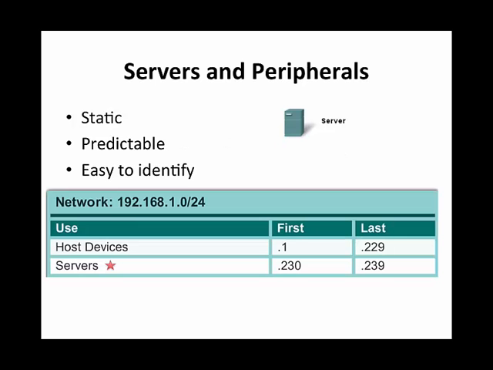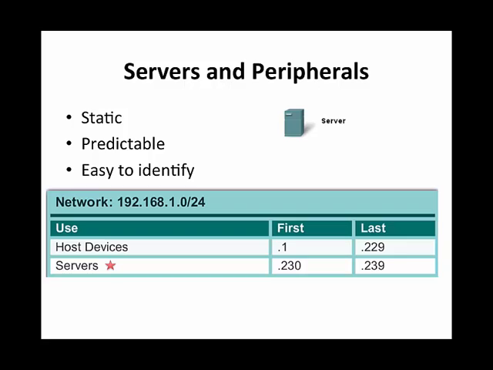Then we have the servers and the peripherals. Unlike the end user clients, these have to be static. They cannot be leased, or dynamically predicted every time you enter the network. Although it can be done, we are talking of the ideal case. So servers, printers or any other device.